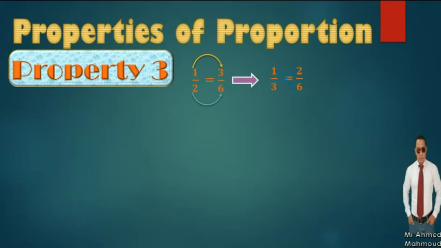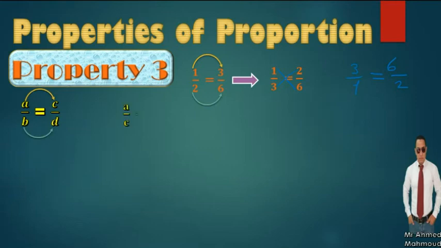I can take another proportion from this one like this: 3 over 1 equals 6 over 2. This is another proportion. Then we can summarize the property like this: a over b equals c over d, then a over c equals b over d.